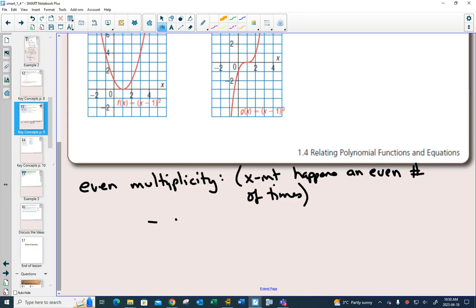And what happens? Just like a parabola, instead of the graph going through the x-intercept, the graph is going to bounce off the x-axis at the x-intercept. Okay? Bounces is in quotation marks because I don't think that's an official mathematical term. But I think it describes what's happening the best.